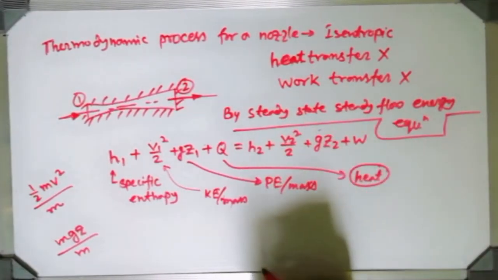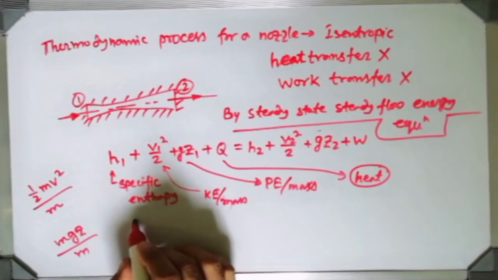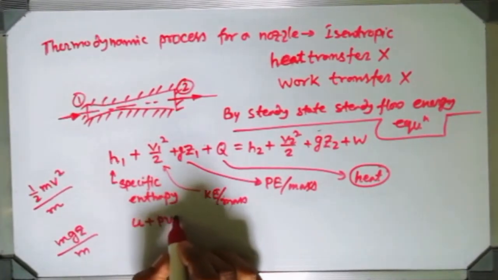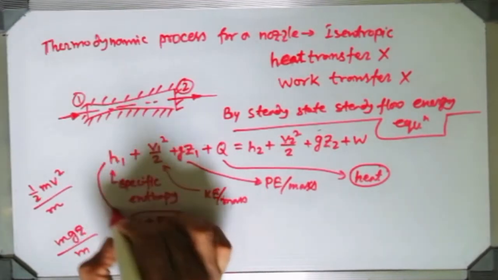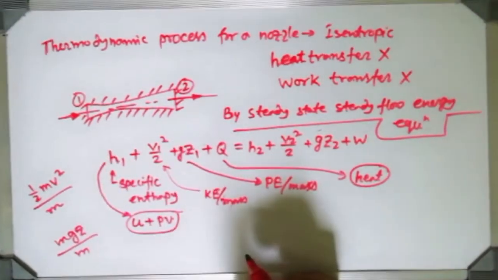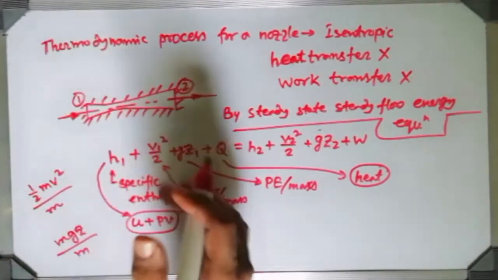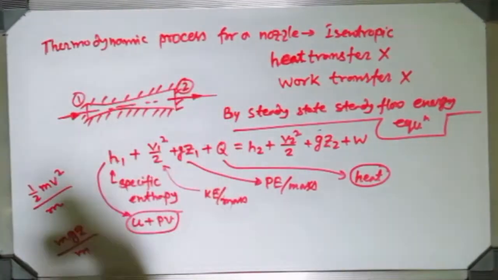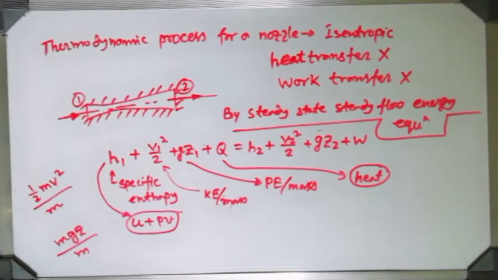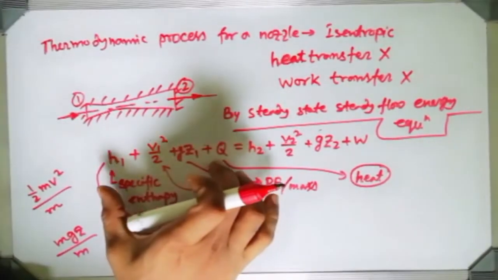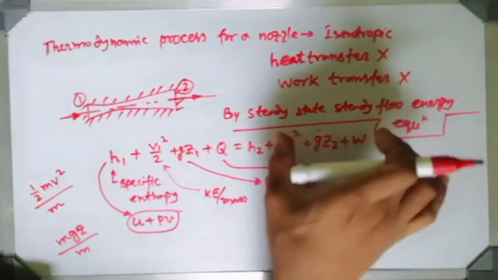Basically that specific enthalpy deals with internal energy and flow energy, U plus PV, that is actually enthalpy. I am not going to give you all the detail because it is related to thermodynamics and it is not a subject of thermodynamics. Just know that these are the parameters involved in the steady state steady flow energy equation.